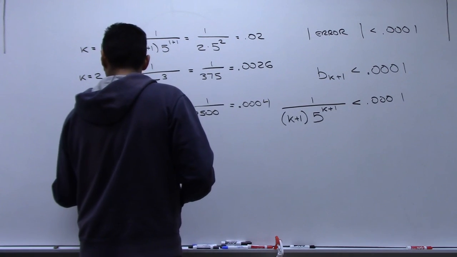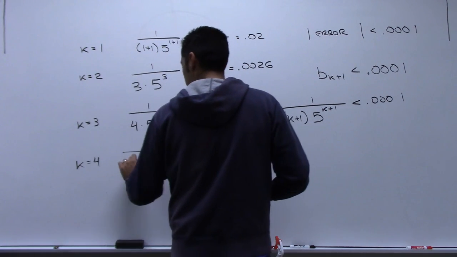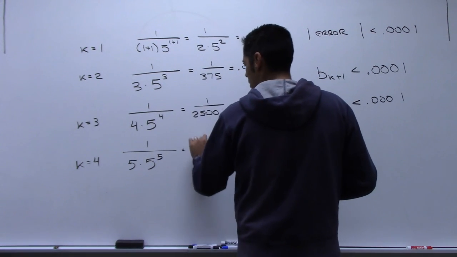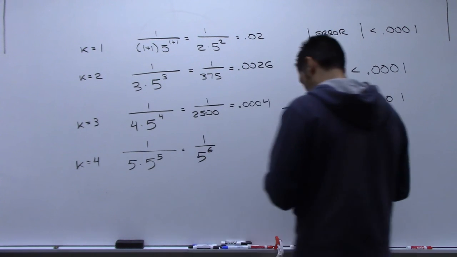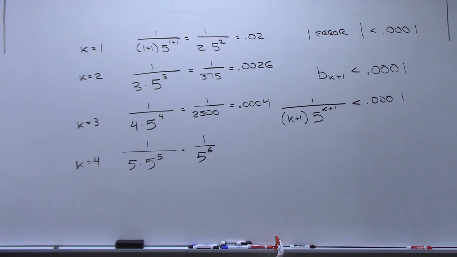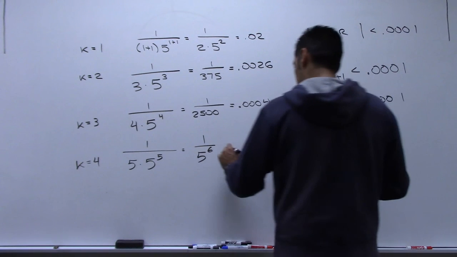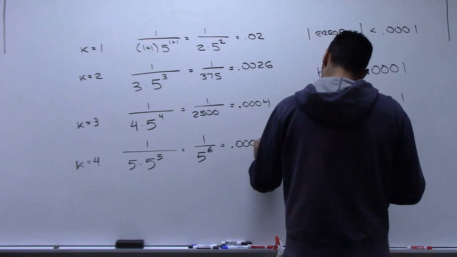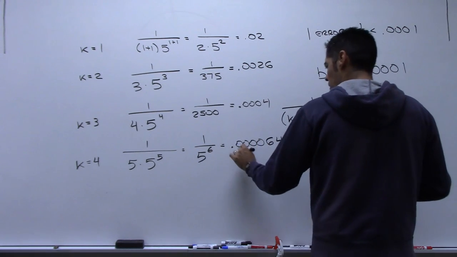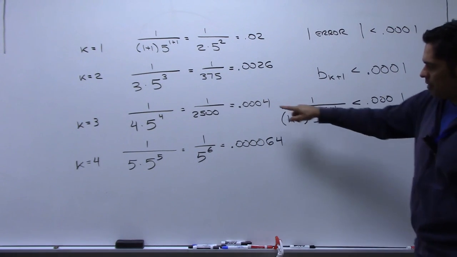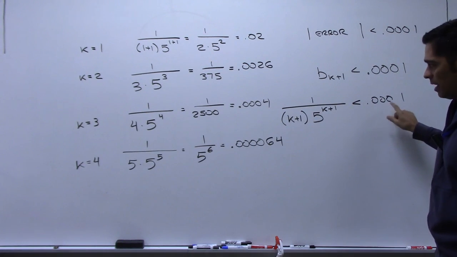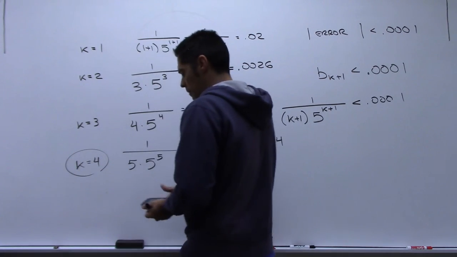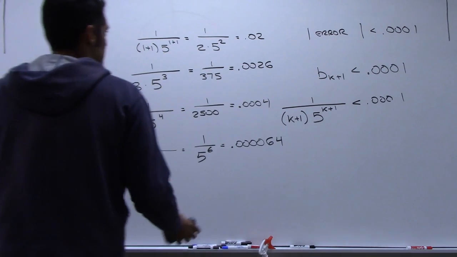K is 4. 1 over 5 times 5 to the 5, and this is actually 1 over 5 to the 6th. And that's going to be 0.000064. So you can see it got pretty small. So I'm definitely less than this now. So K would be 4. If I take the 4th partial sum, then I'll be in business.